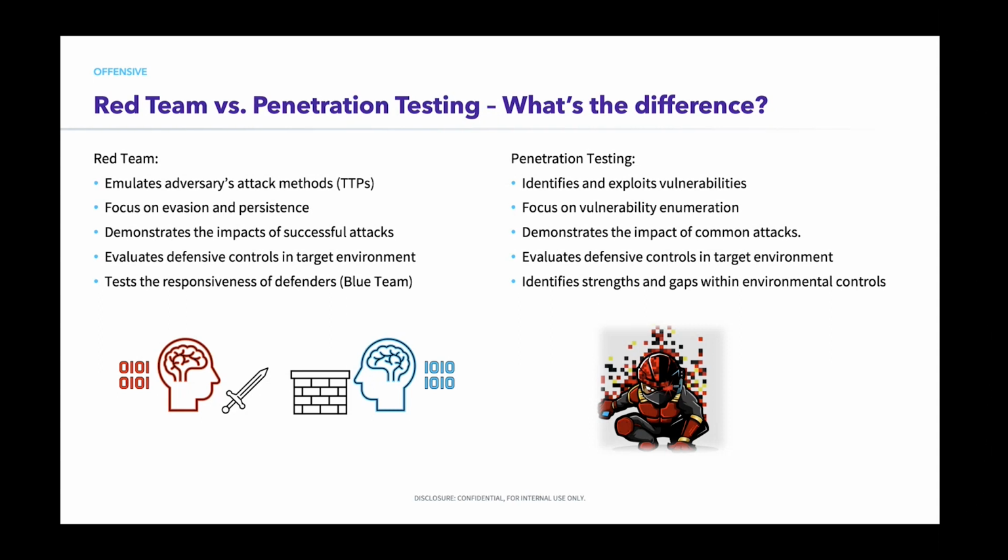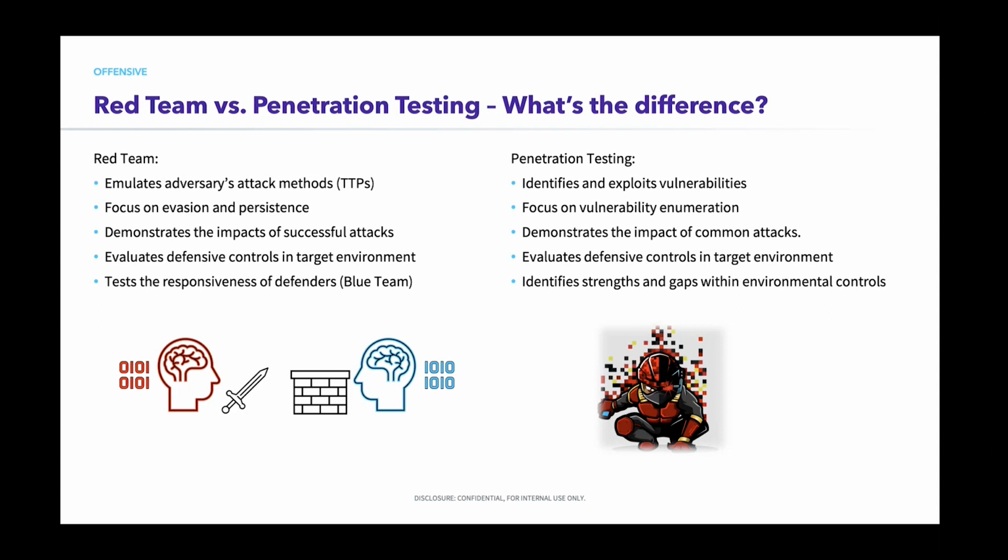They mainly focus on evasion and persistence, being quiet and low and slow. They demonstrate the impacts of successful attacks, and they evaluate defensive controls in targeted environments, ultimately testing the responsiveness of defensive controls, defensive actors, SOC teams, what we lovingly refer to as the blue team.